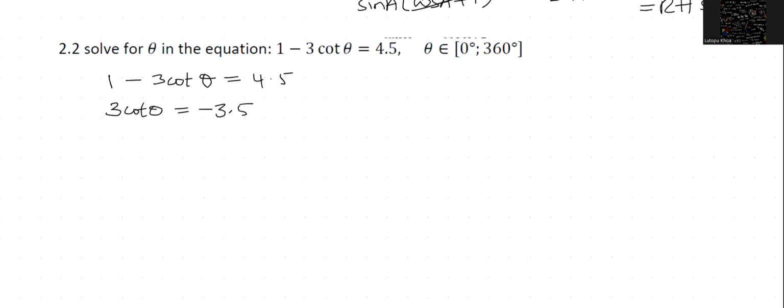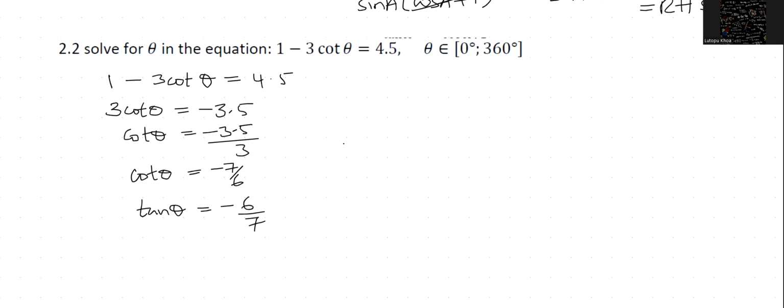So cot theta is negative 3.5 divided by 3. That is 7 over 6. So cot theta is equal to negative 7 over 6. And we know cot is the reciprocal of tan. So this means that tan theta is equal to negative 6 over 7.